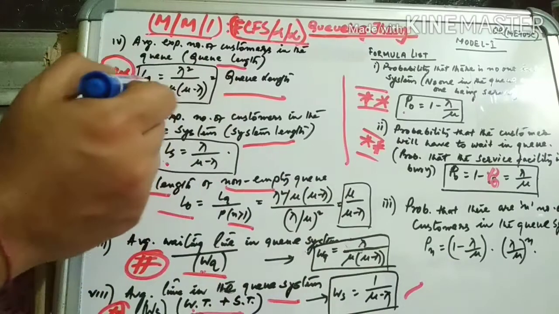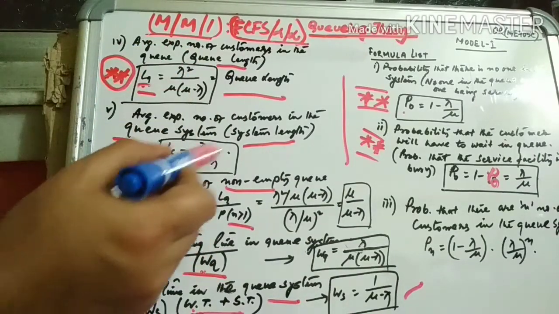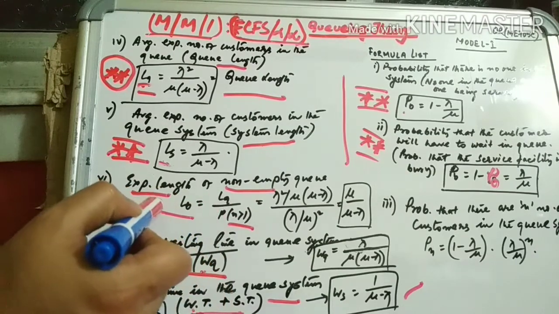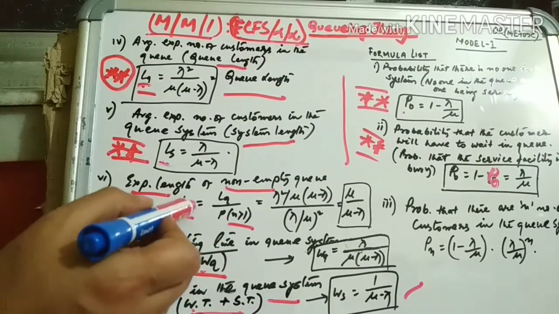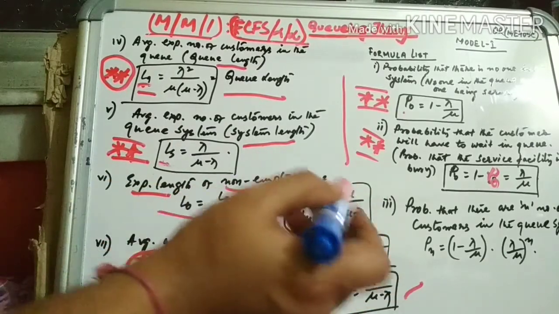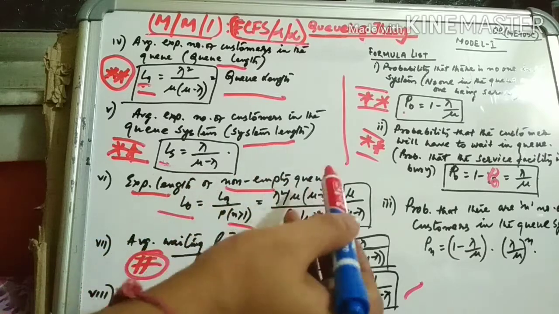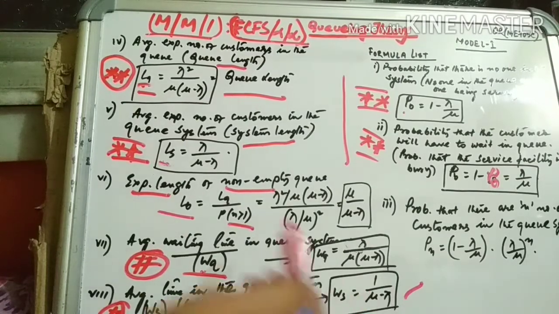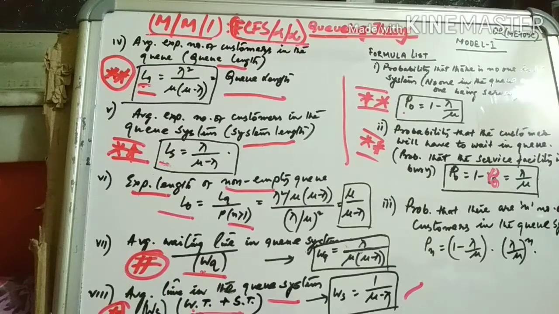Next is the queue length LQ, the system length LS, and then LB, the expected length of non-empty queue, which is used sometimes but is not as important as these ones. The last two important ones are WQ, the average waiting time in the queue, and WS, the average time in the queue system. So these formulas we are going to use in the numerical.